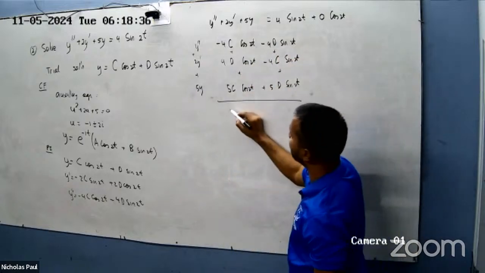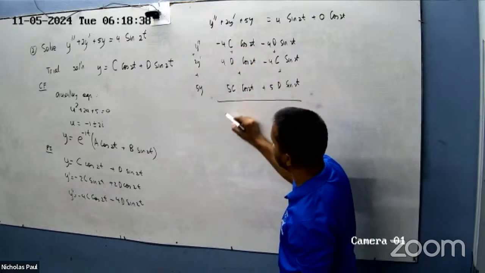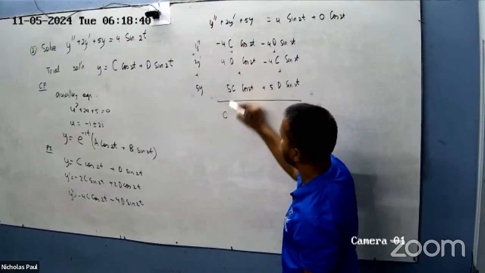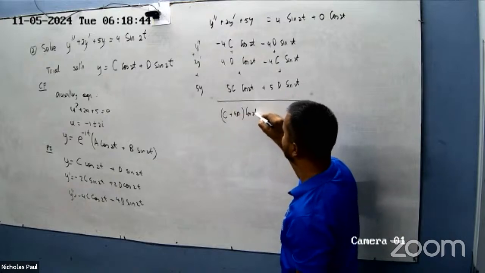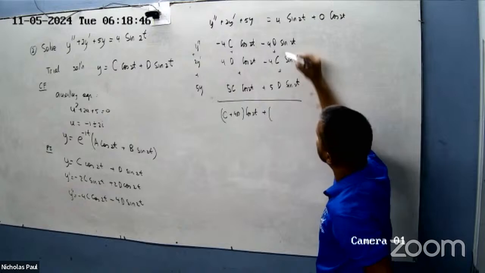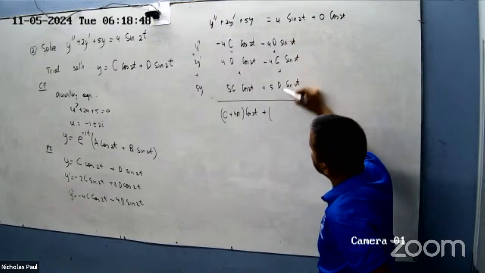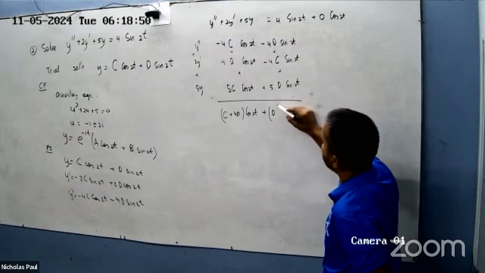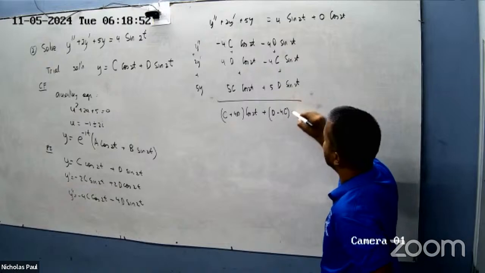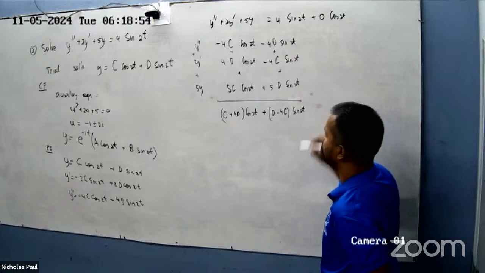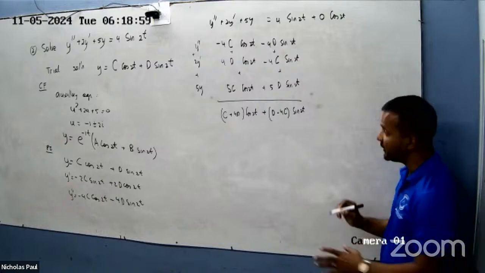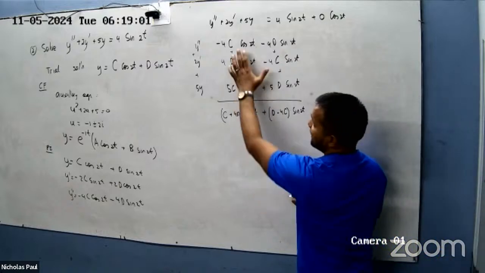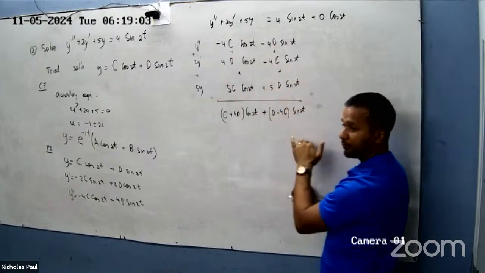So I'm going to get minus 4 plus 5, that's 1c, plus 4d, that is cos 2t, plus minus 4d plus 5d, that's 1d, minus 4c sine 2t. That's okay? Again, you don't have to do it like this. I just do it like this so that it's nice and easy to see everything.